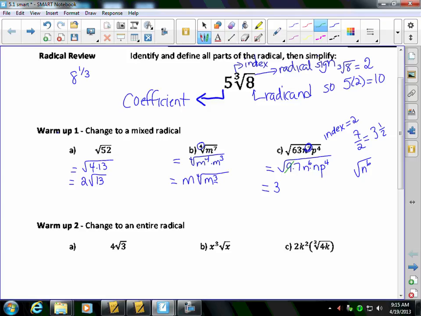So the square root of n to the power of 6, that's the same as saying n to the 6 divided by 2, which is 3. So that means I have an n cubed out here. This n, I can't square root just an n, so it stays. P to the power of 4, square root of p to the power of 4 is the same as saying p to the 4 divided by 2. So that means I have p squared.